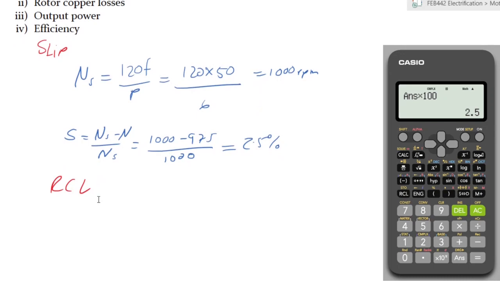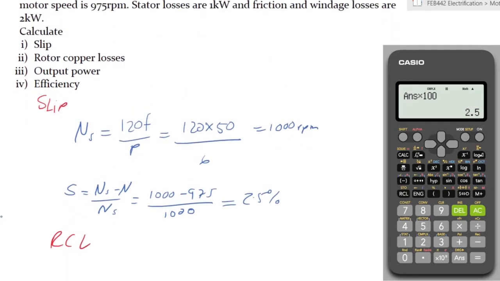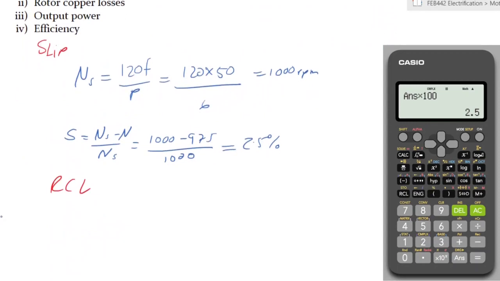Okay. So number 2, you want rotor copper losses. So this is, once again, the losses because of the current that must flow within the rotor. Now here we have an interesting situation whereby the rotor is in the middle of the machine. We have not been given all the information that we need, but we do know that the rotor input, which was air gap power, which was here.